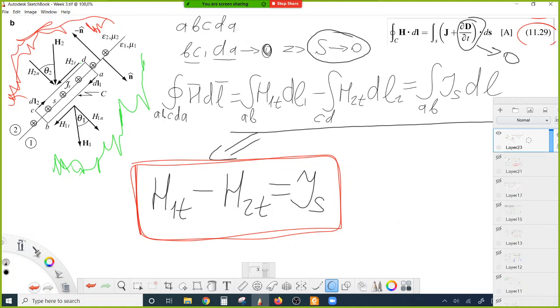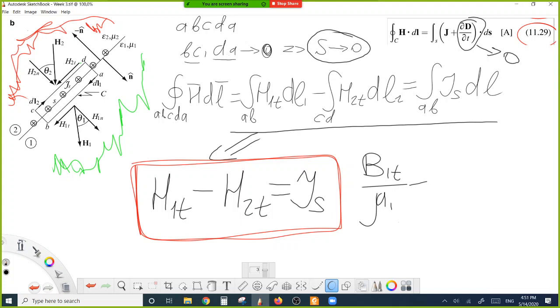And B1 tangential over mu1 minus B2 tangential over mu2 equals, again, Js.